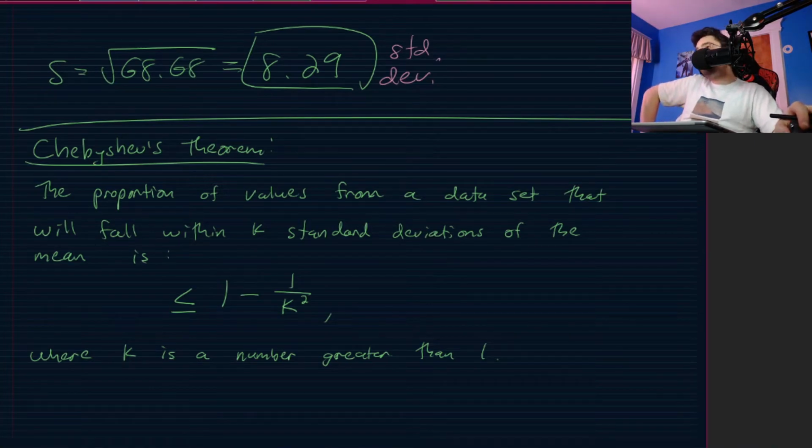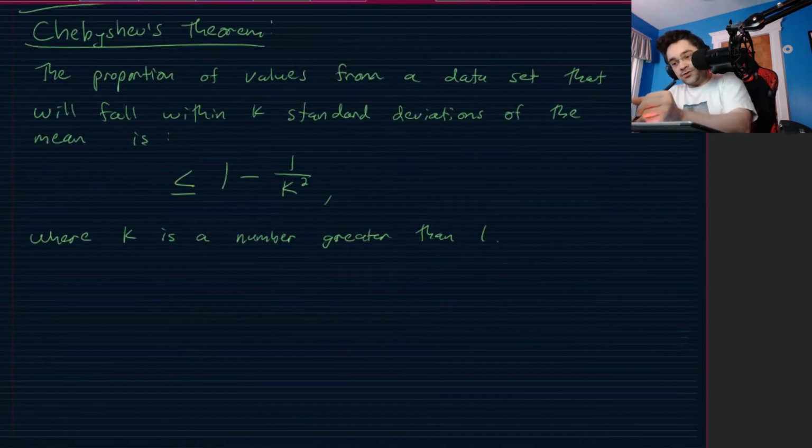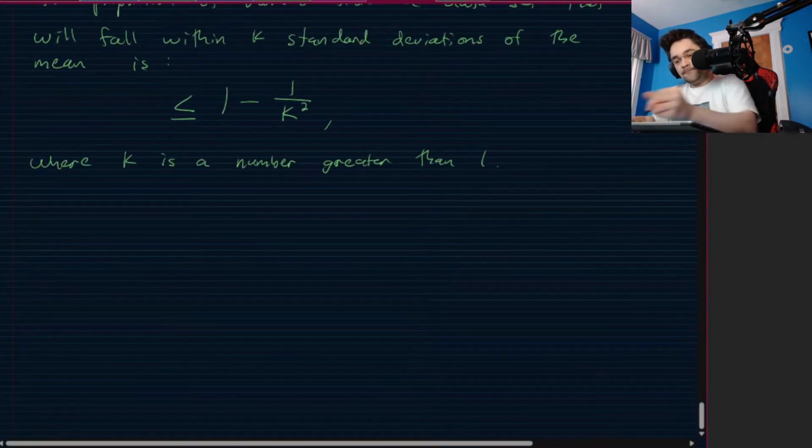Okay, so K has to be greater than 1. Let me think of an example here real quick. Okay, so I think the way that I want to explain this is to use a couple different Ks and try to explain them graphically.